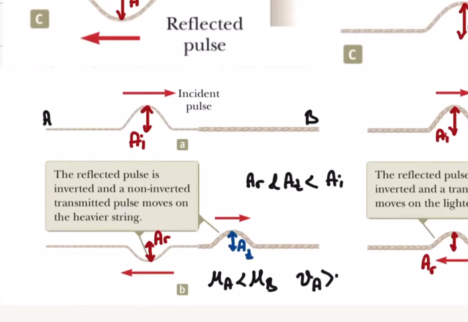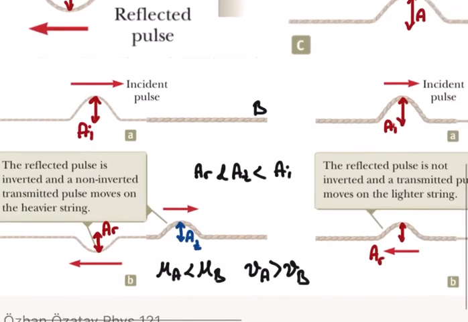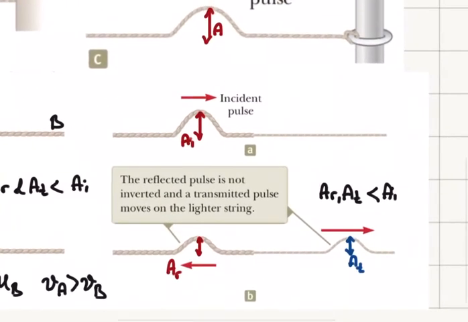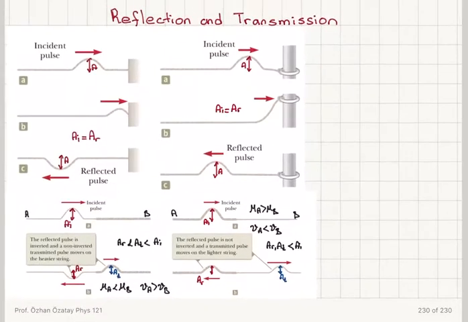Propagation speed on A is greater than the propagation speed on B. So the reflected pulse propagates faster than the transmitted pulse. Here in this case, we have for string A and string B, mu A is greater than mu B, and therefore the propagation speed on A will be less than the propagation speed on B, because remember, v is equal to the square root of T over mu.